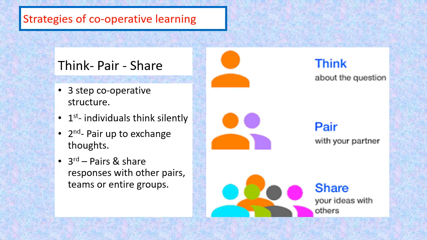During the first phase, individuals think silently about a question posed by the instructor. In the second phase, individuals pair up and exchange thoughts. And in the third phase, the pairs share their responses with other pairs, teams, or entire groups.